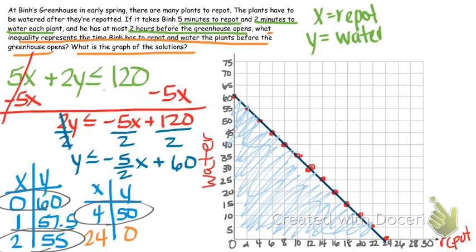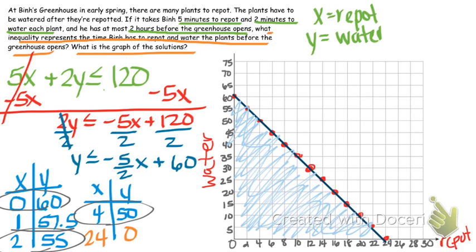Okay, so here's what I got. I got that we can water at most 60, but then repot none. Or we can repot at most 24 and water 0. But then I know that I can't do any more than 60 or any more than 24.